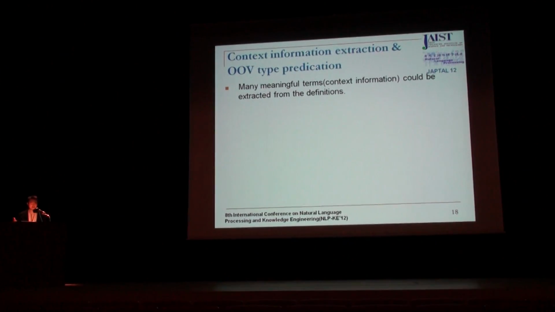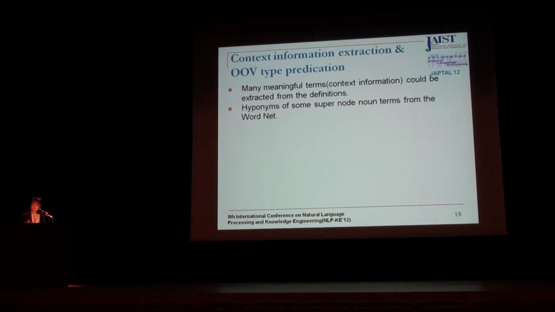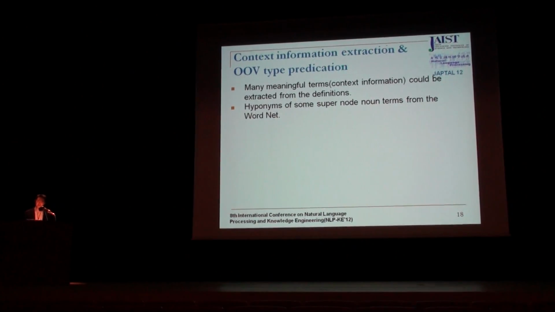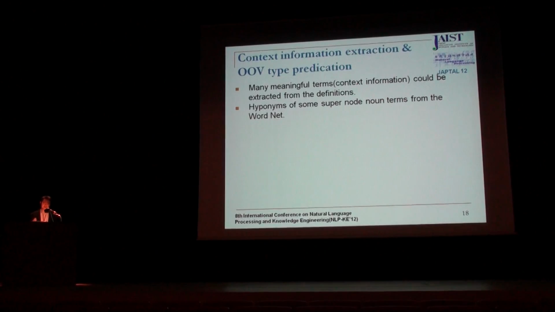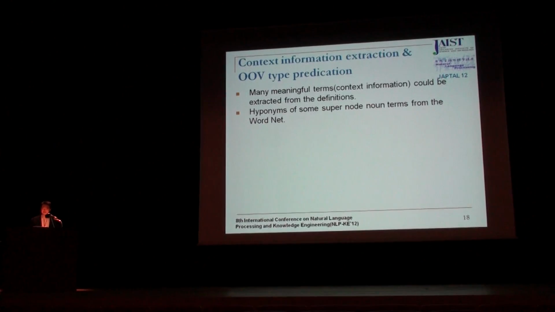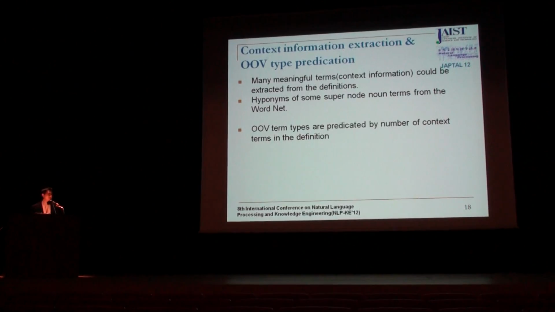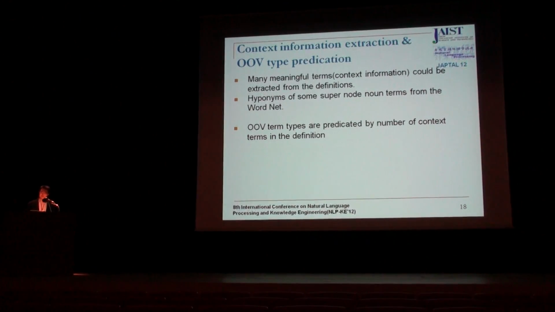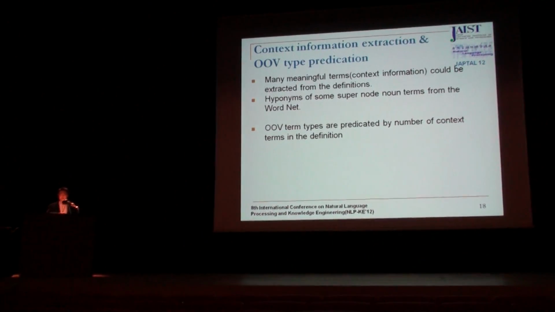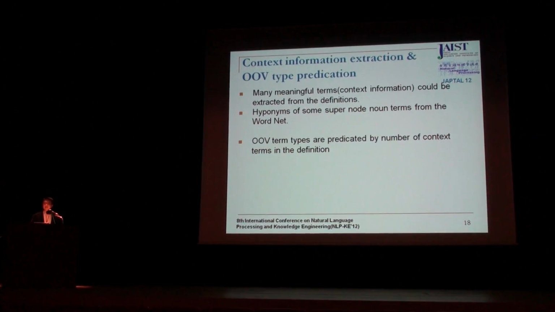We construct two term trees from WordNet, using some supernode noun terms from WordNet, such as country and occupation, and for the biomedical terms, such as illness or sickness. Then the OOV terms are predicted by the number of context terms found in the definition. For example, for Myrna Loy, our definition has American actress, playwright, so those terms identify that Myrna Loy is a name type.